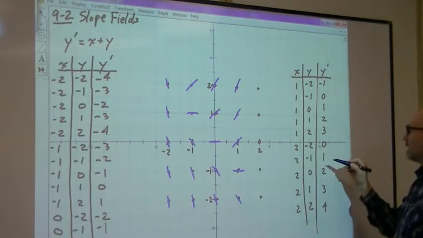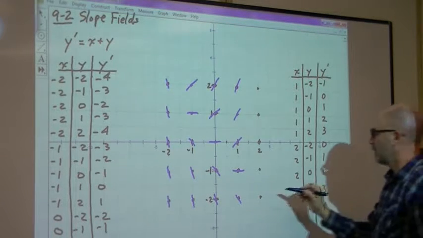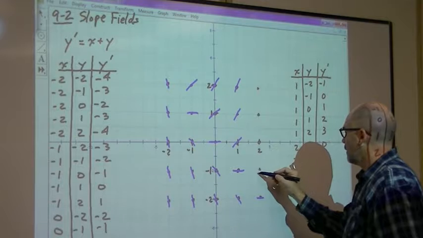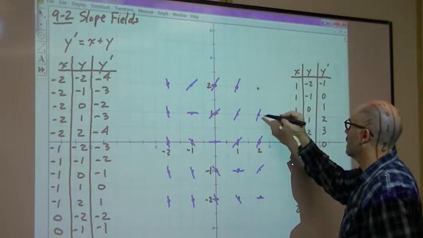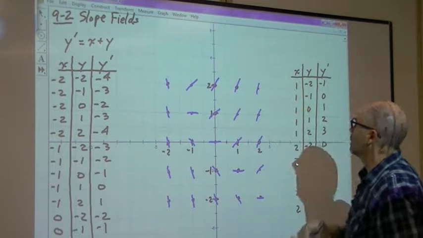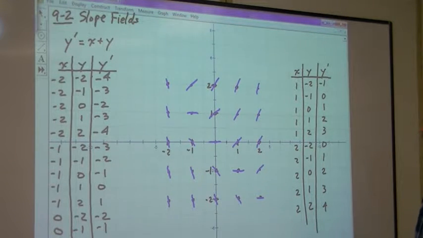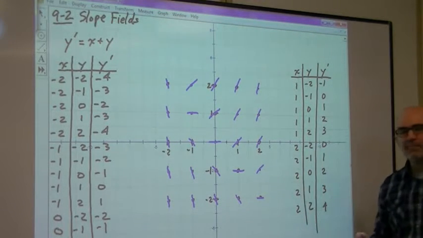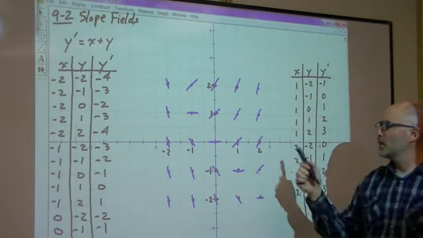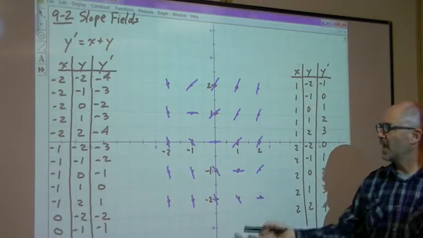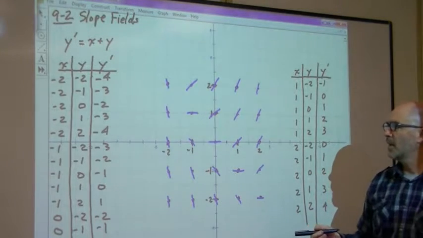Now at 2, -2, we have a slope of 0. Then 1, 2, 3, then 4. All right, so I've just made a slope field from -2 to 2 in the x and the y direction.